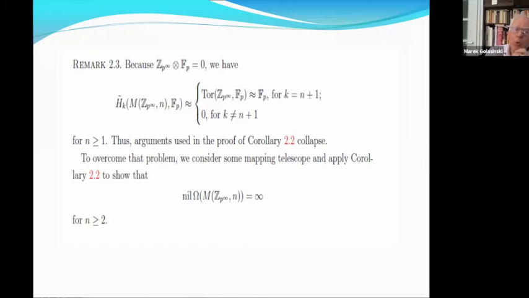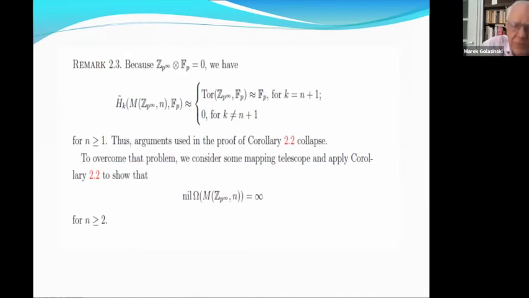But this problem can be overcome. To do this, we consider a mapping telescope, and then we apply corollary 2, which is about Z/p^m, where m is finite. Also, using this mapping telescope, the nilpotent class of Moore spaces determined by the Prüfer group, Z/p^infinity, is also infinite.